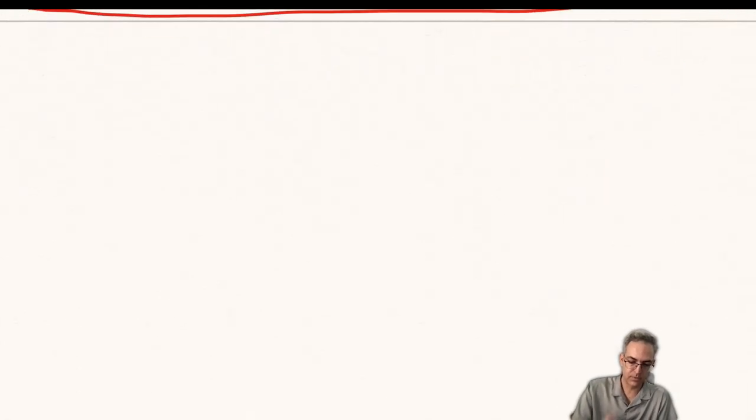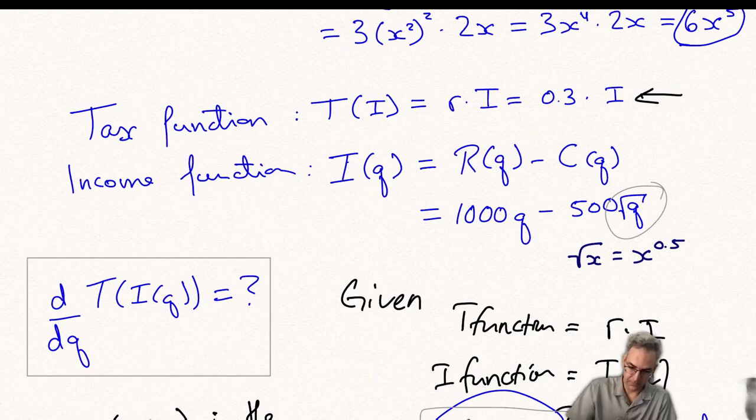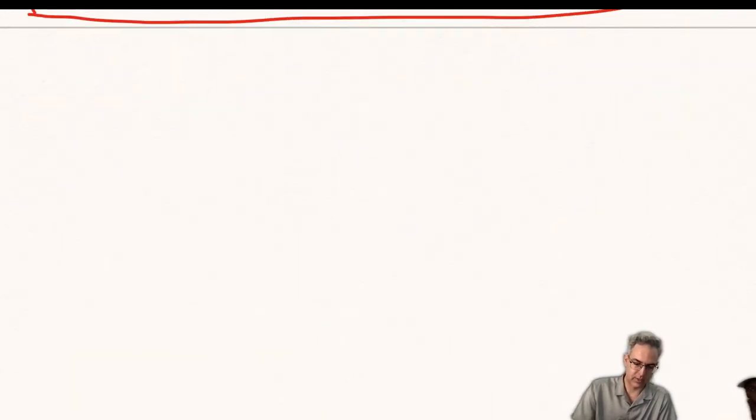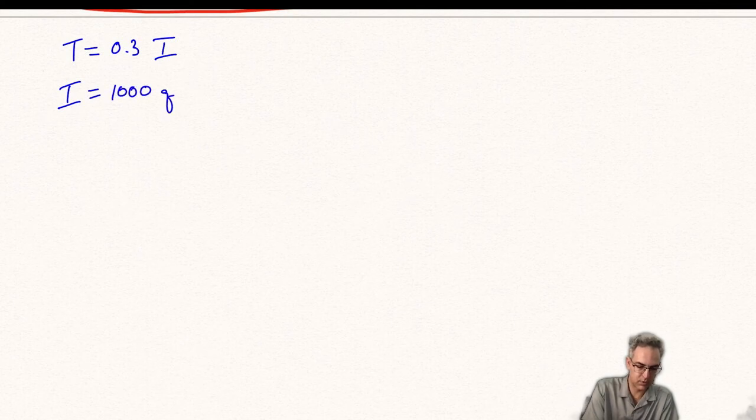So we use the chain rule. Let's write our things down here again to remind ourselves. The tax function is 0.3i. The income function is 1000 q minus 500 q to the 0.5, and now we know what that means.